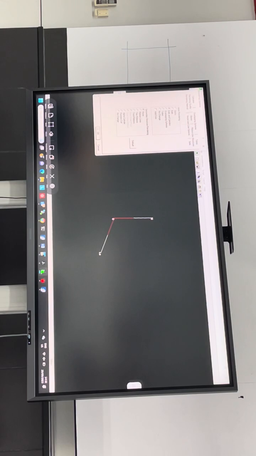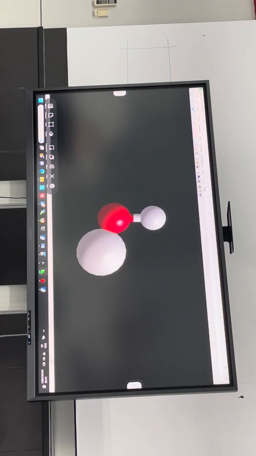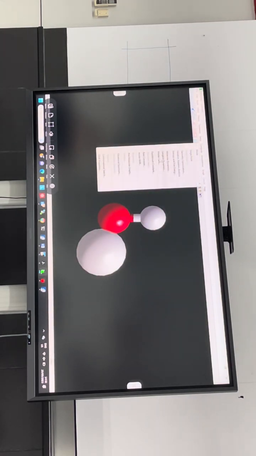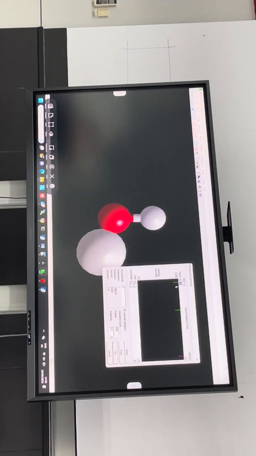One group goes like this, and the other like this, and some of these are what is called degenerate. So that's really what you study in spectroscopy.